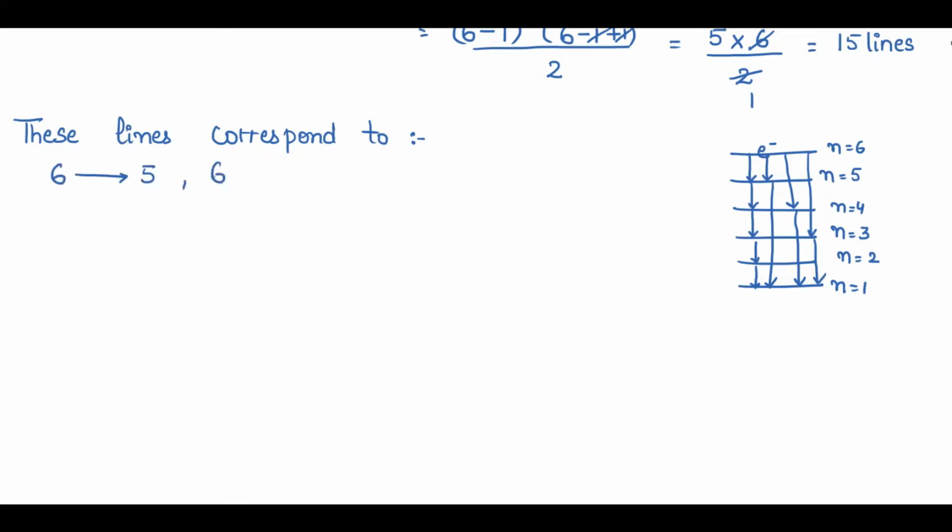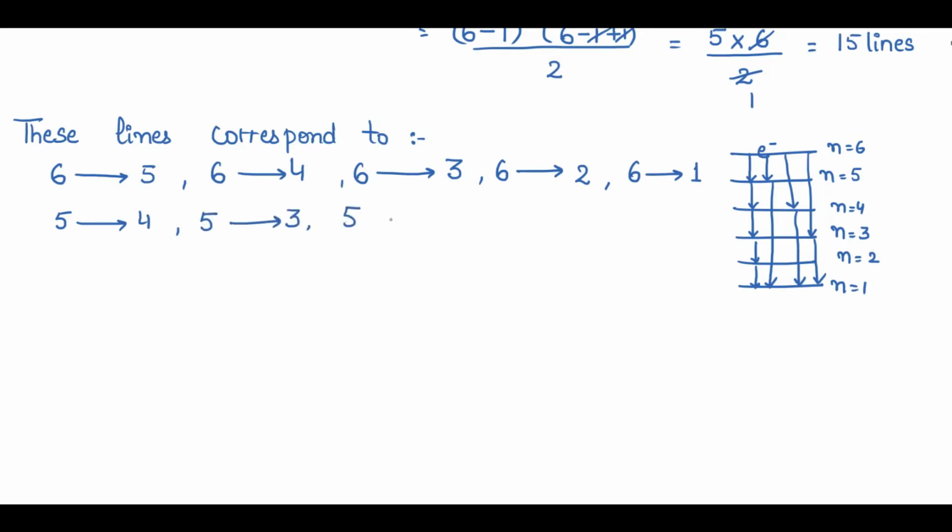Then definitely it is also possible that 6th orbit to 4th orbit, 6th orbit to 3rd orbit, 6th orbit to 2nd orbit and directly 6th orbit to the 1st orbit, right? Now there is one more possibility that this electron comes to the 5th orbit, then 5th to 4, 5th to 3, 5th to 2nd and 5th to 1.